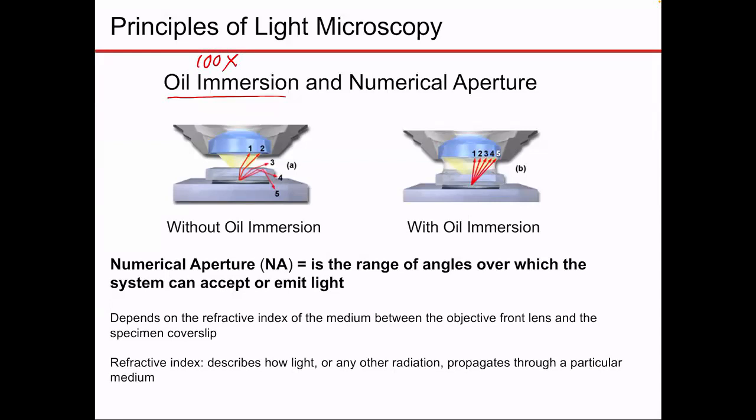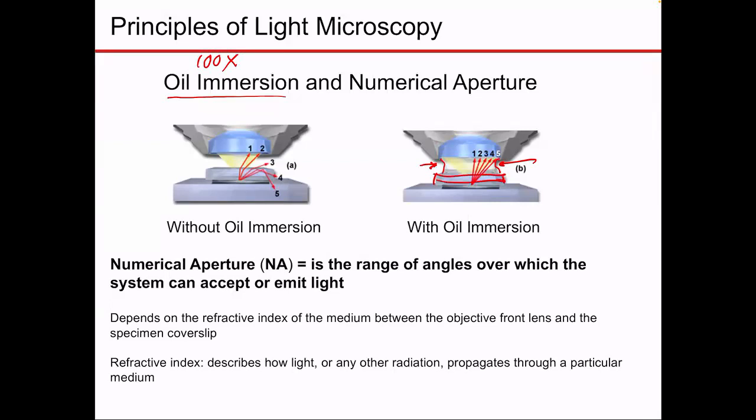Well, in order for that lens to perform optimally, you need to add oil between the specimen and the lens. You see this oil here that is kind of like a bridge connecting the sample on top of the glass slide with the lens.